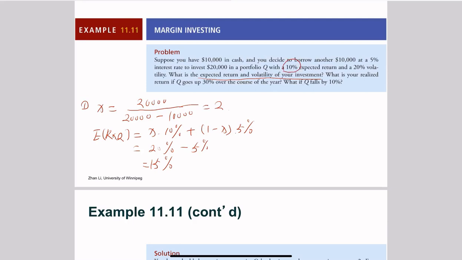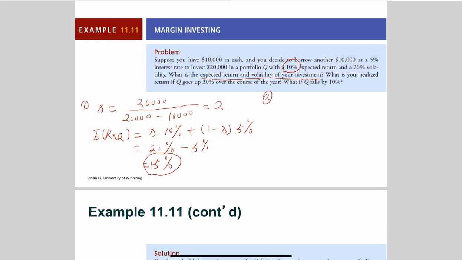But if you're buying on margin, that is, if you're borrowing money to buy this portfolio Q, the expected return actually becomes larger. So this basically tells you why some people will buy on margin. It's really because if you expect a positive return, then using margin will magnify your return, right? In this case, return increases from 10% to 15%.